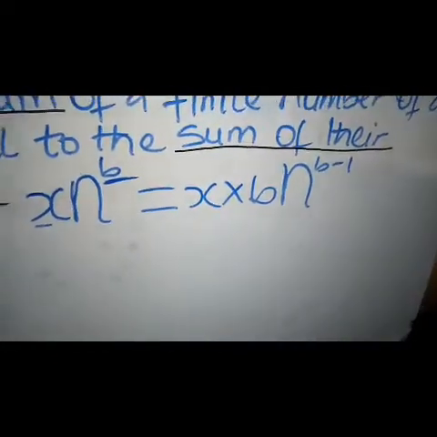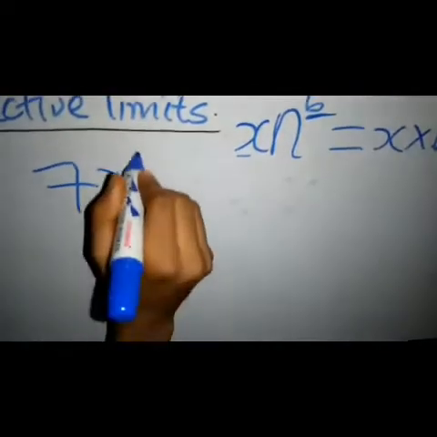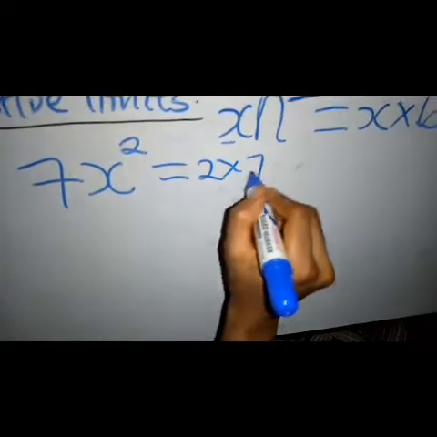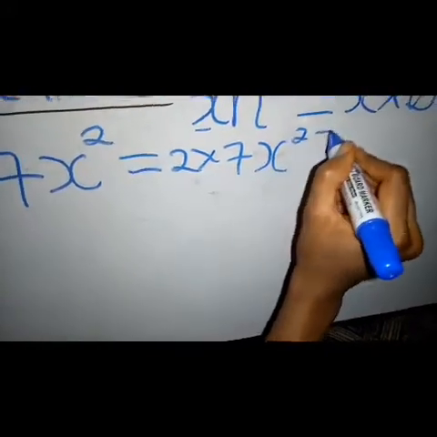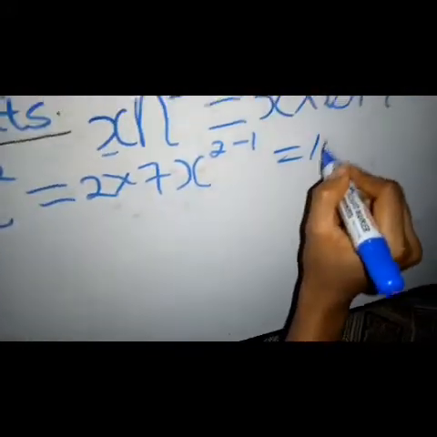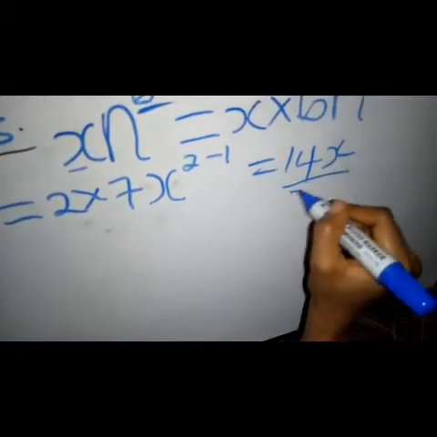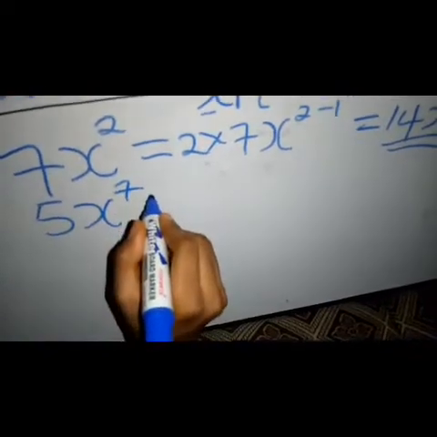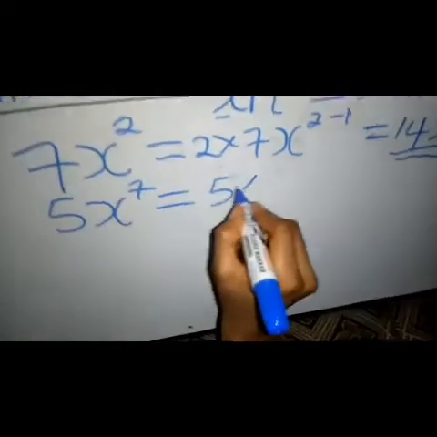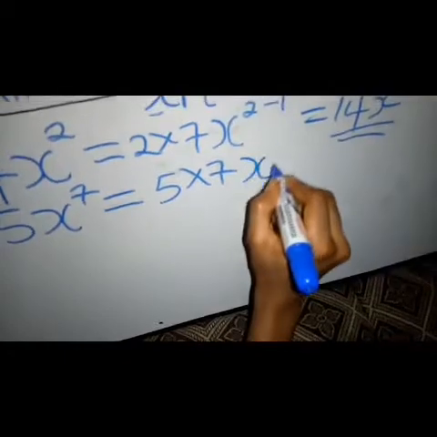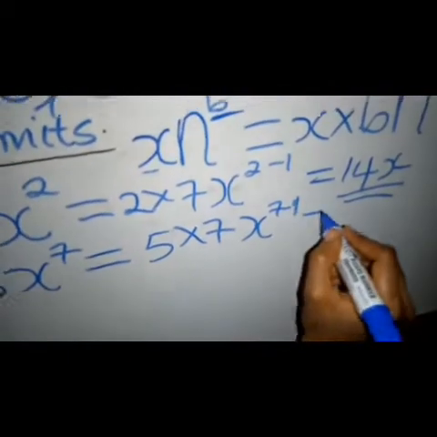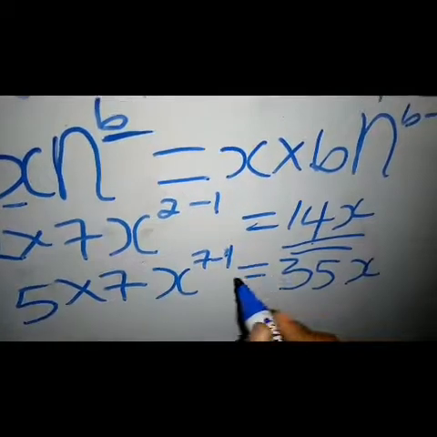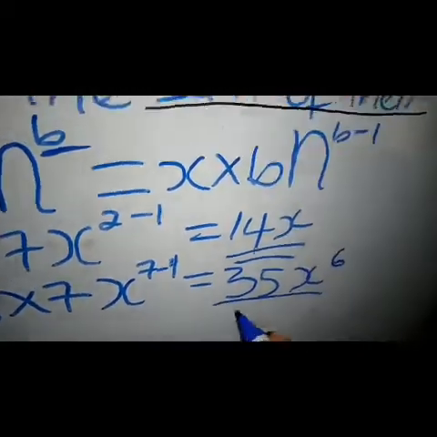For example, 7x raised to power 2 will give us 2 times 7x raised to power 2 minus 1, which is 14x. Another example, 5x raised to power 7 will be 5 times 7 times x raised to power 7 minus 1, which is 35 times x raised to power 6. This is the general formula.